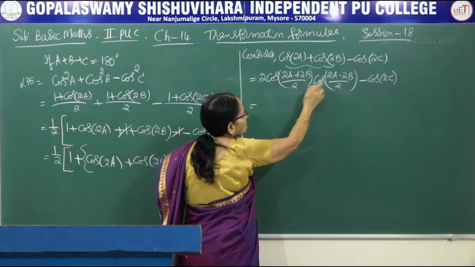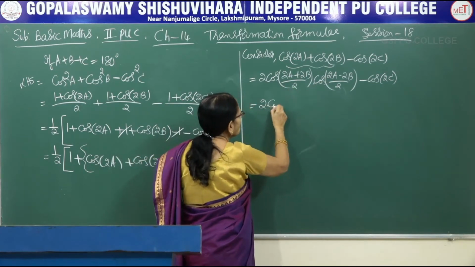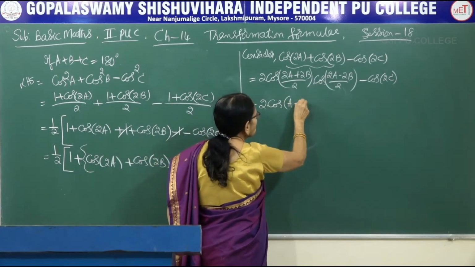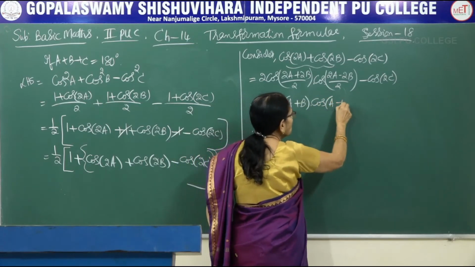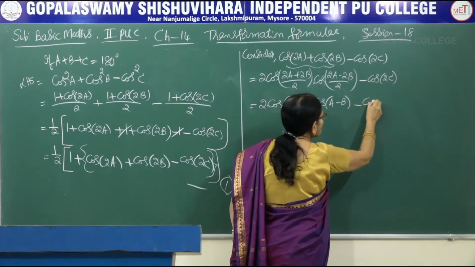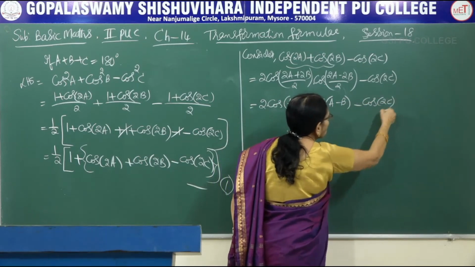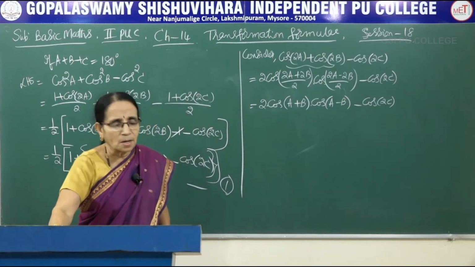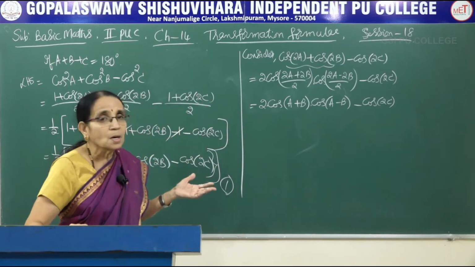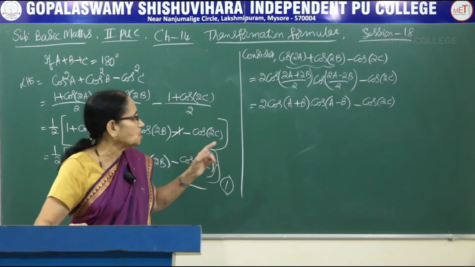Here 2 is cancelled, here also 2 is cancelled. It is 2 cos (A plus B) into cos (A minus B) minus cos of 2C. Okay. Now again, the trigonometric identities which I had mentioned in the very first session of the transformation formula.